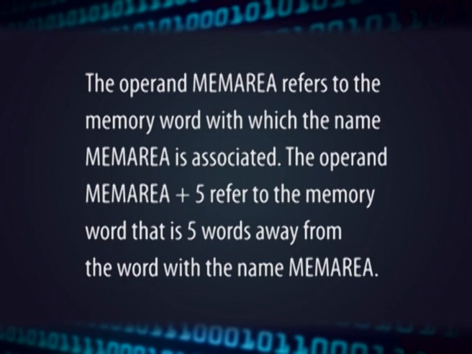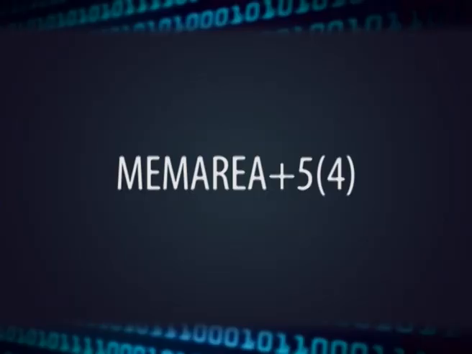The operand MEMAREA plus 5 refers to the word that is 5 words away from the word with the name MEMAREA. Here, the 5 is the offset from the memory area. The operand MEMAREA with index register 4 in brackets implies indexing MEMAREA with index register 4.